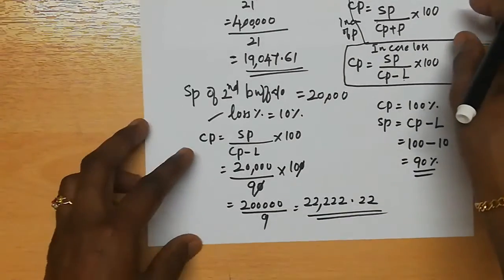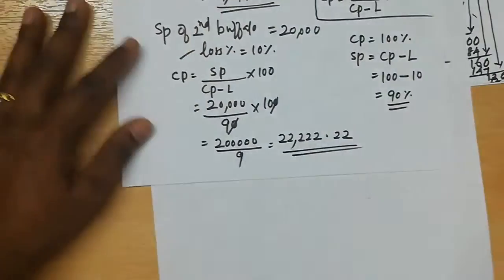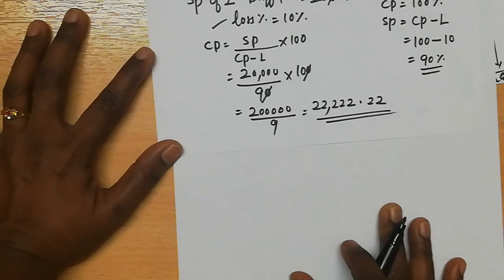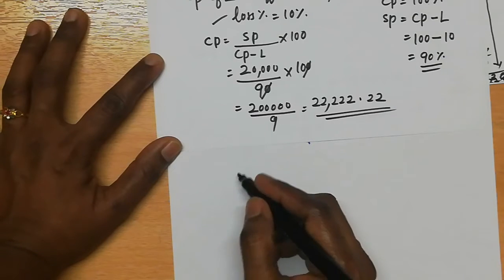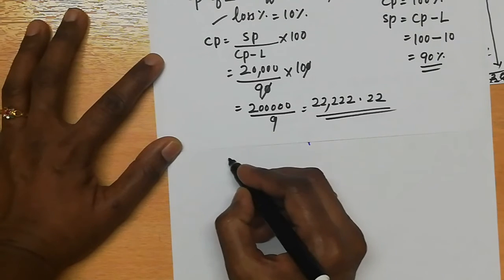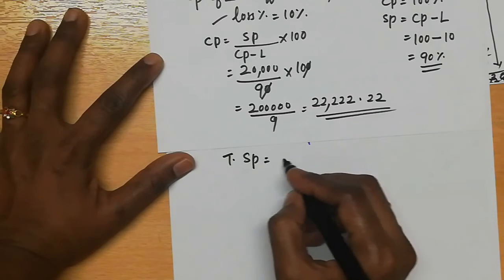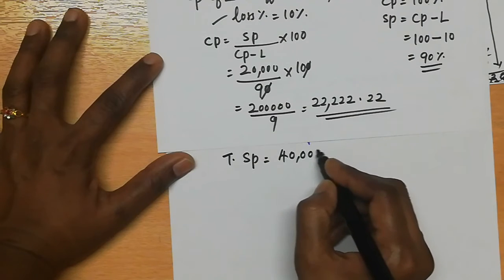Okay, clear? Now what we have to find? We have to find the overall gain or loss. How will we find the overall gain or loss? We will write total selling price. We already know that the total selling price is 20,000 each, means 20,000 into 2, that is 40,000.